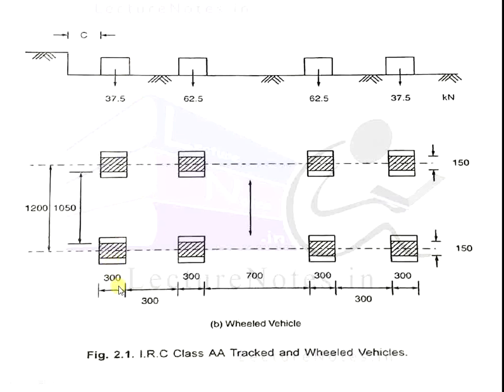The distance between wheels is 300 mm, again 300 between two wheels, then the middle portion is 700 mm. Next, the single wheel distance is 300, and the distance between the two wheels is 300. This is the wheeled vehicle, where for each separate wheel you get a separate load. This is the IRC Class A tracked or wheeled vehicles.